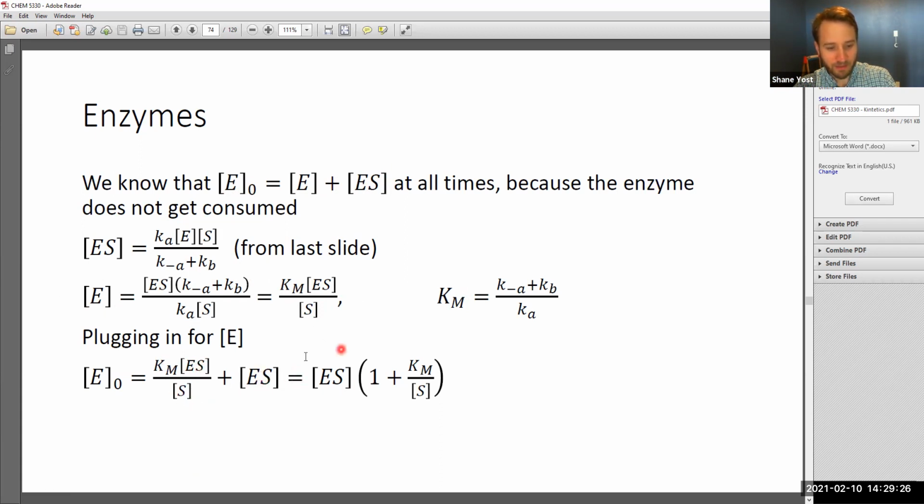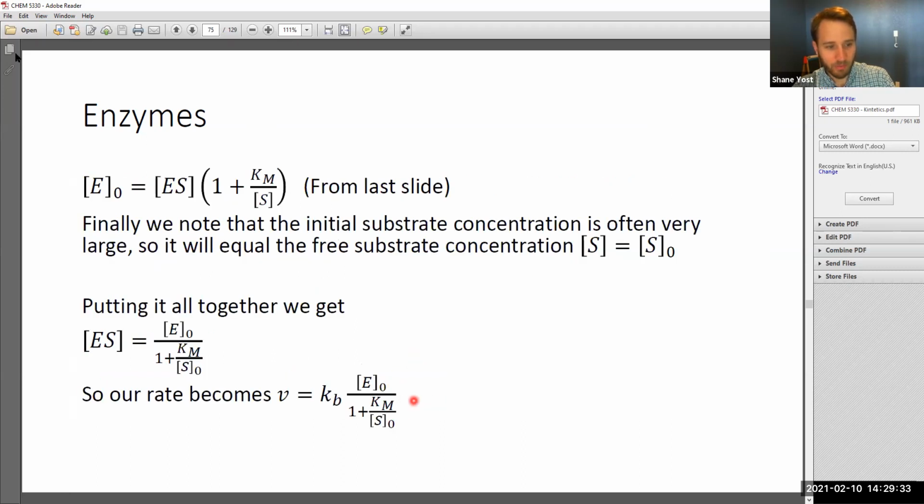I'm going to factor out the concentration of Es to get 1 plus Km over S. And then we can rearrange that by dividing by 1 plus Km over S on the other side. And you get that the concentration of the enzyme bound to the substrate is equal to the initial enzyme concentration divided by 1 plus Km, this Michaelis-Menten constant, over the concentration of your substrate.